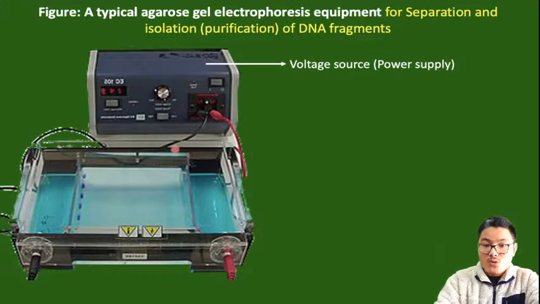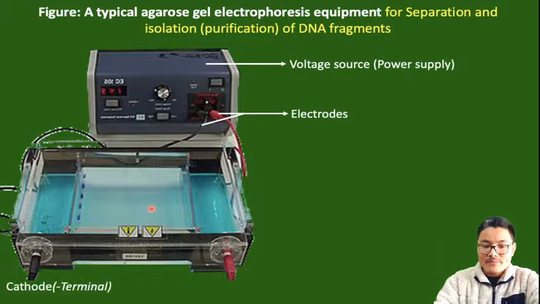This voltage source attached with a regulator is connected with two electrodes, which usually have a black cable and a red cable. The black cable represents our cathode, the negative terminal, and the red cable denotes the positive terminal, that is the anode.